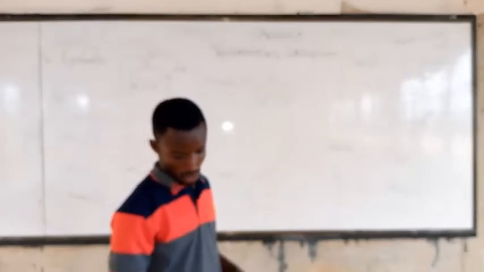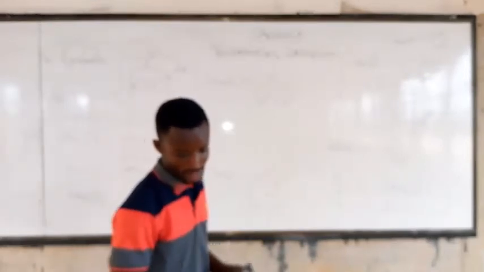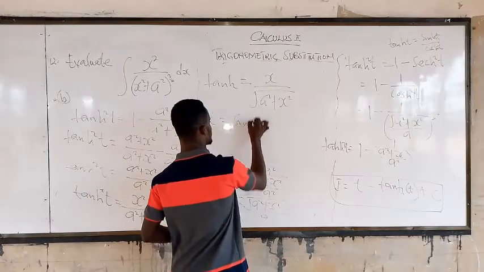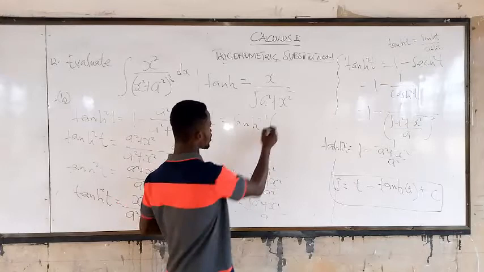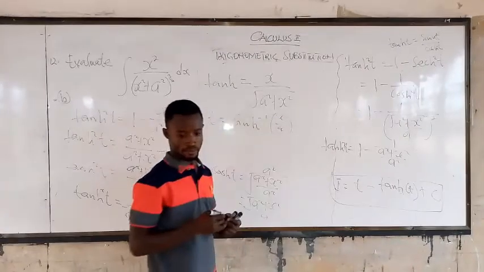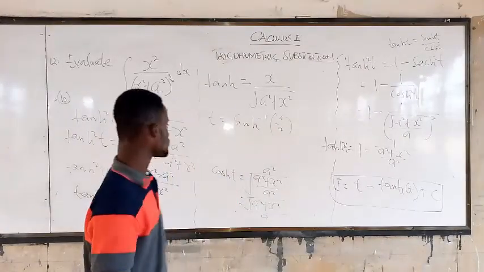We have the t already, and the t is sine inverse of s over a.